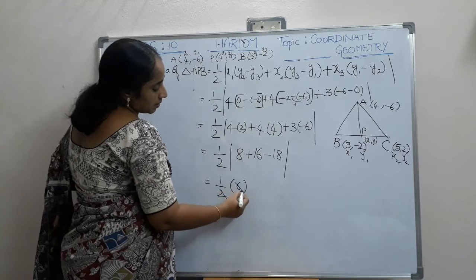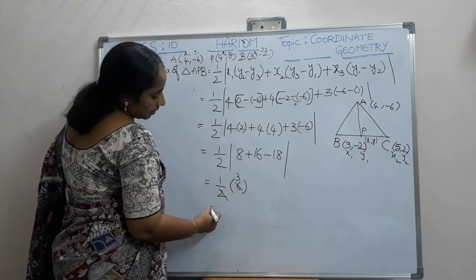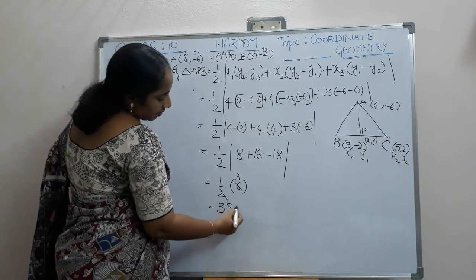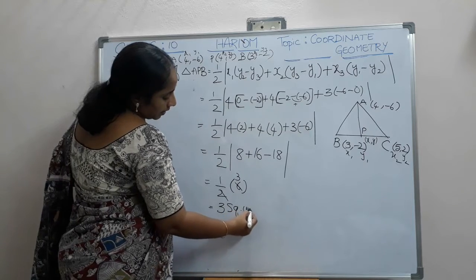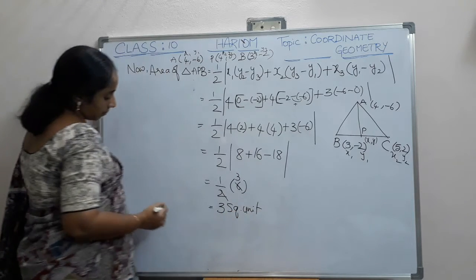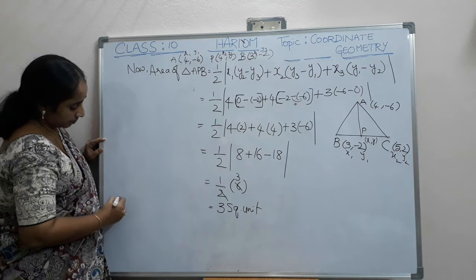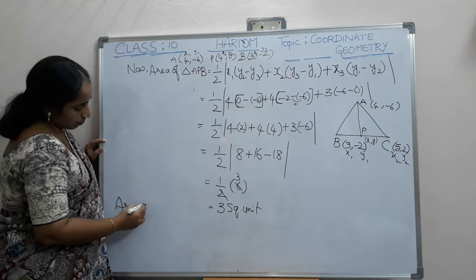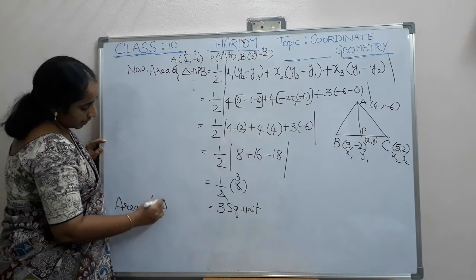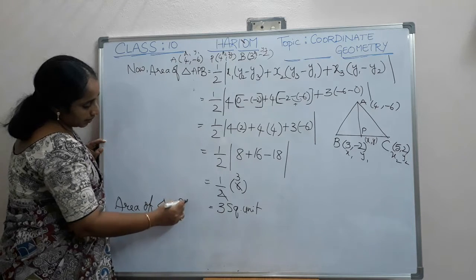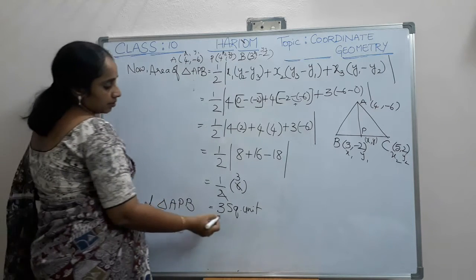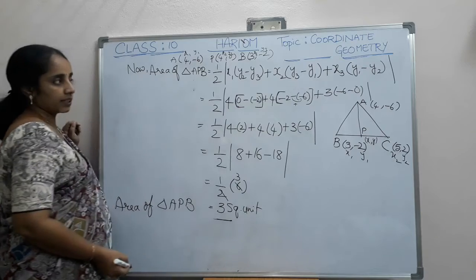Half of 6 is 3. So the area of triangle APB is 3 square units.